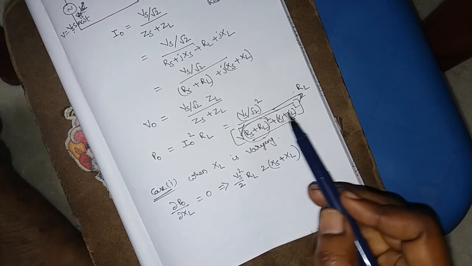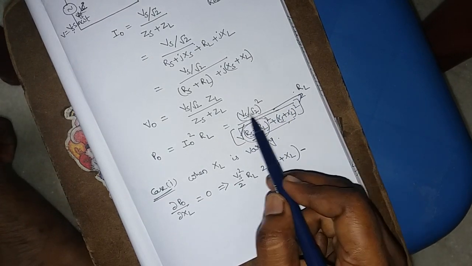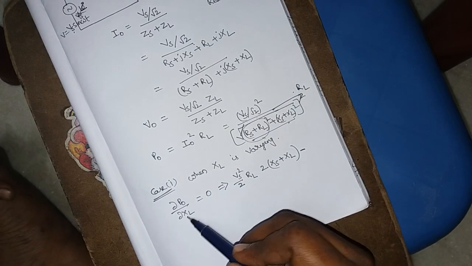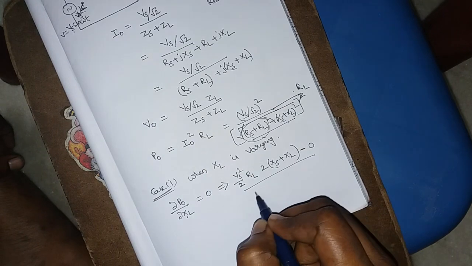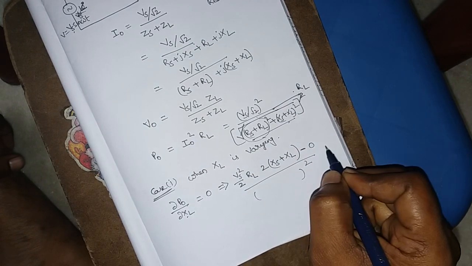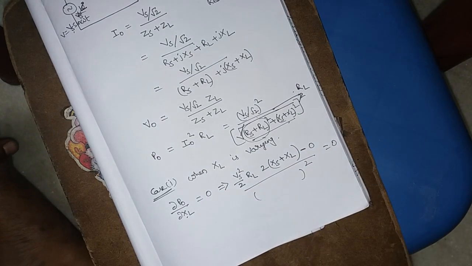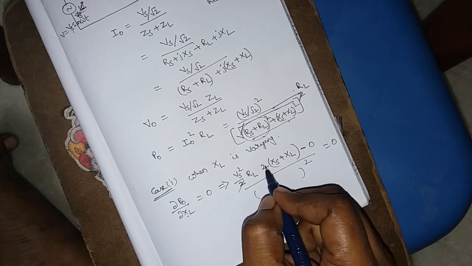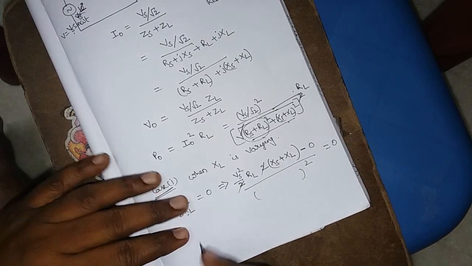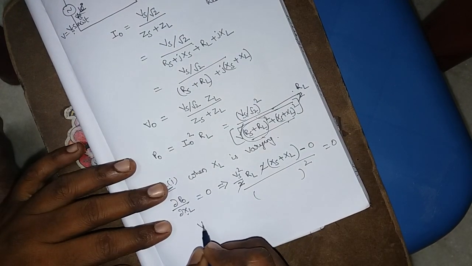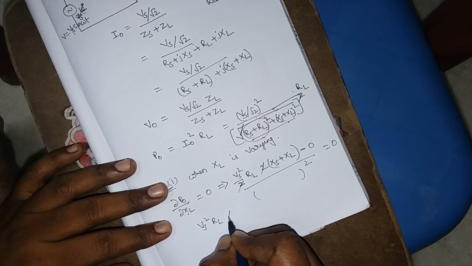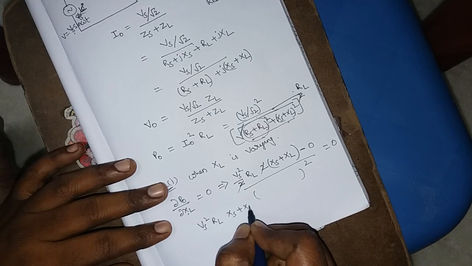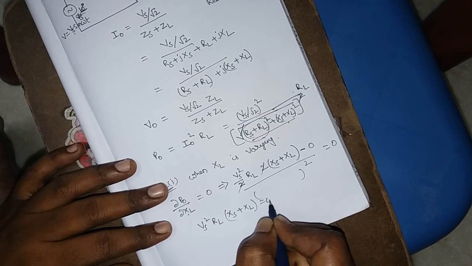This is V. Differentiation of this is 0 because it is independent of XL, divided by this whole squared, equal to 0. So totally I can write Vs squared into RL into (Xs plus XL) is equal to 0.